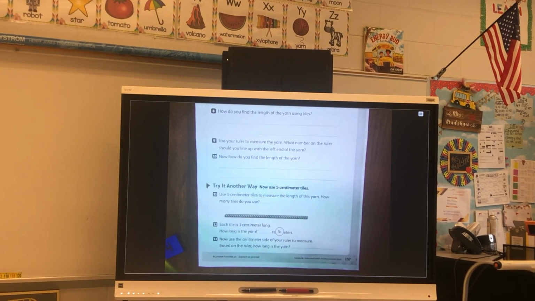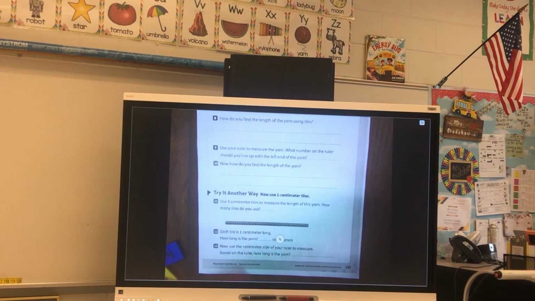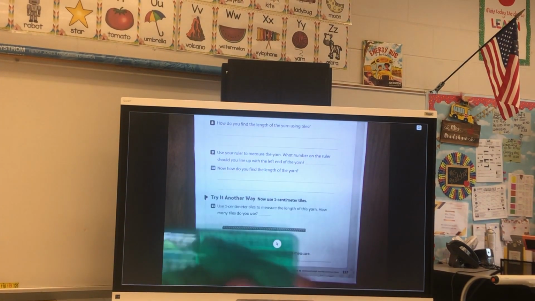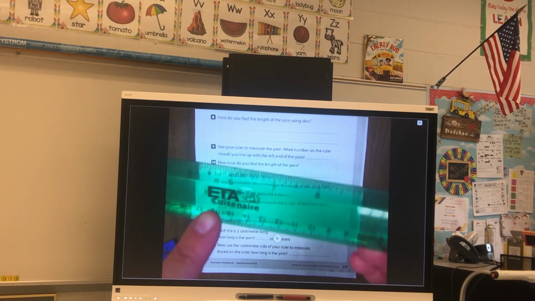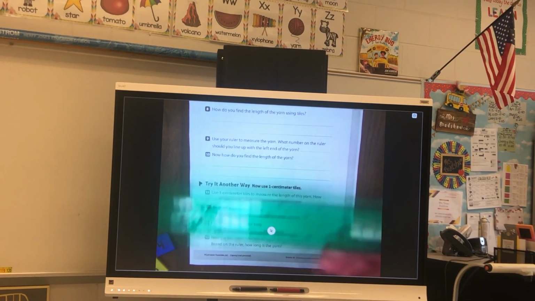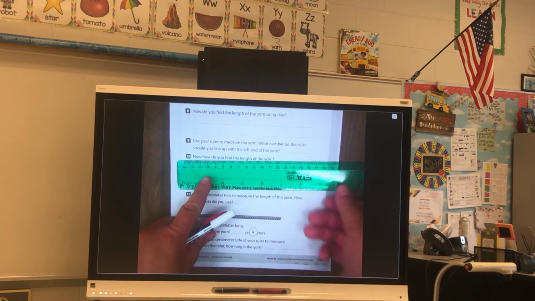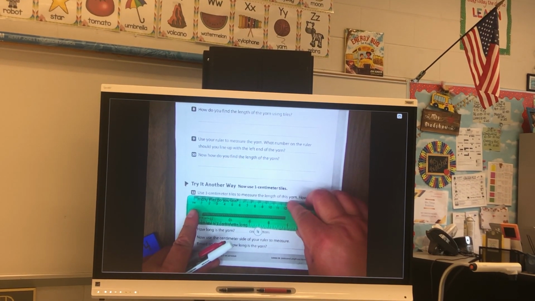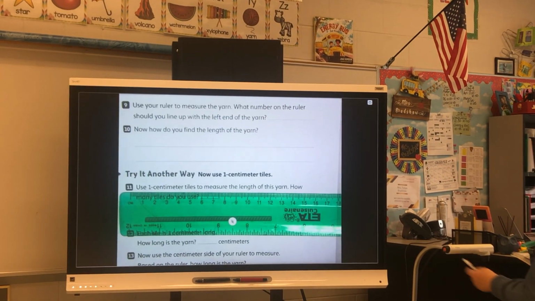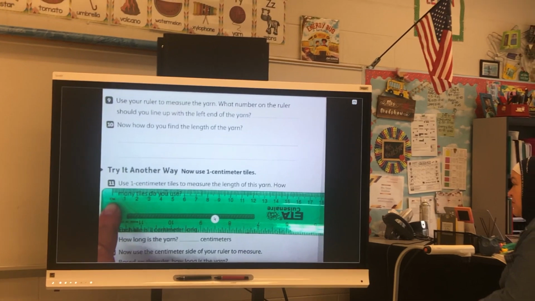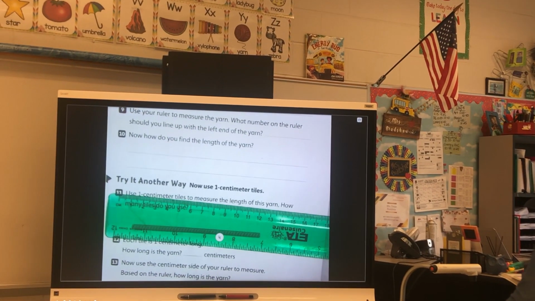But instead of using the inches right here, and it has, this is the inches, the numbers are further apart. We're going to flip it over here to where it says centimeters. CM stands for centimeters. We're going to use this, so that's how we're going to try it another way.